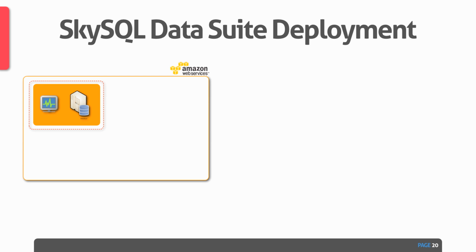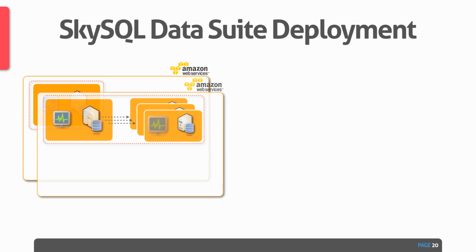Now, in terms of deployment, we can have a deployment for a single server with MySQL and the administration console available, or we can have a server with a master system and a certain number of slaves that can, of course, become master in case of failover.